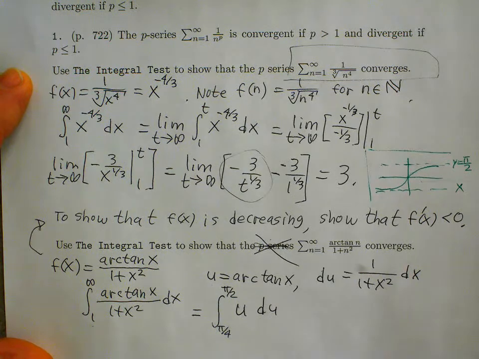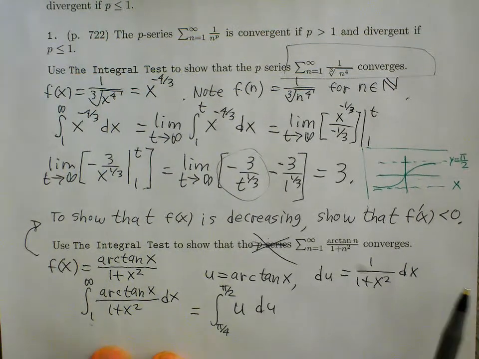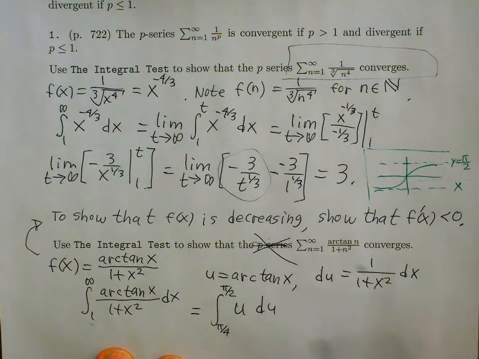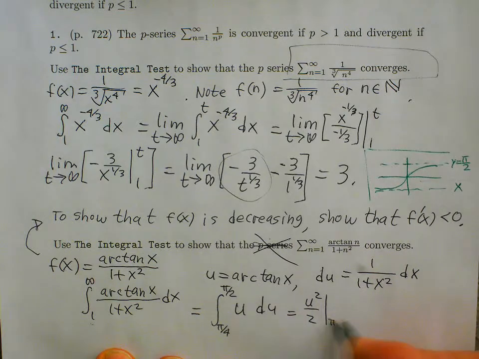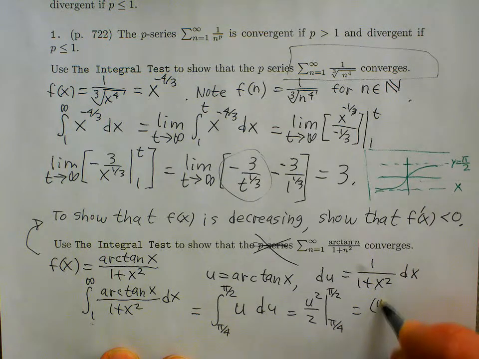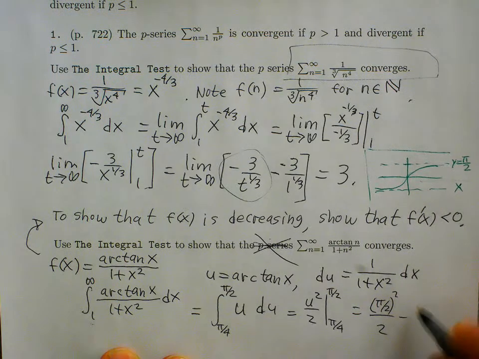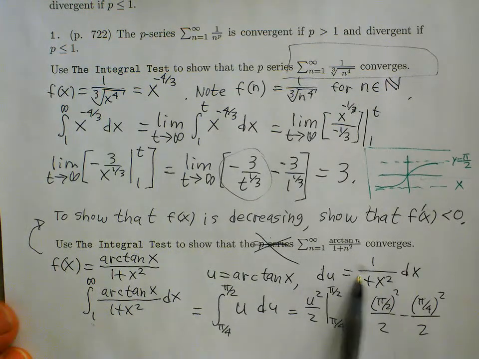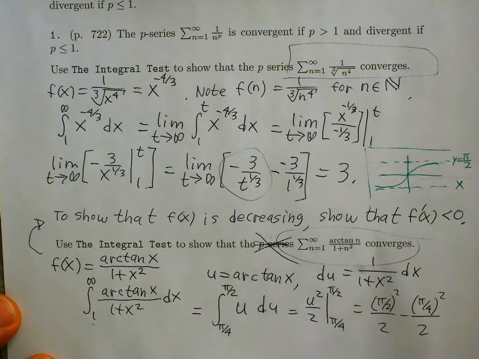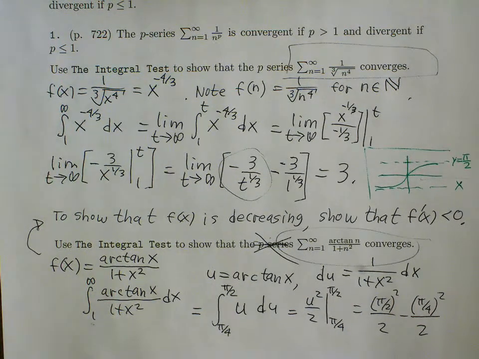Okay, so you can see that this integral is going to have a finite value: u squared over 2 from pi over 4 to pi over 2. That's a finite number, so using the integral test, this infinite series converges because the improper integral converges to a finite number.